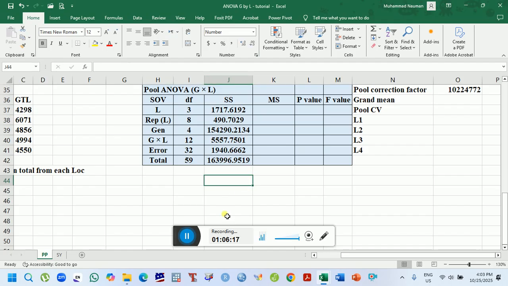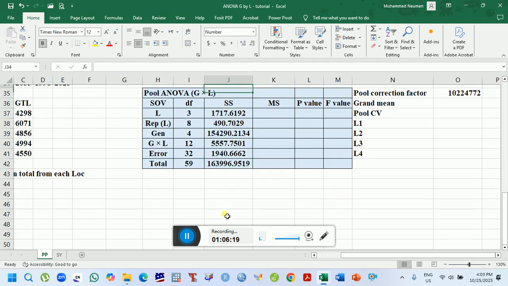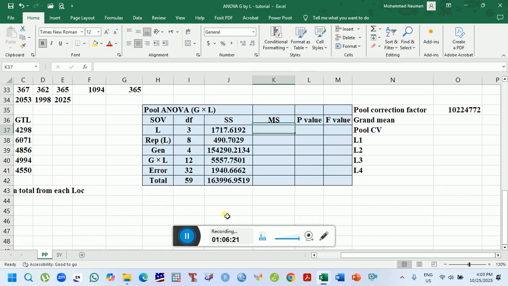Okay, now remove it. Now we will calculate the mean squares. It is quite simple. Is equal to sum of square divided by the degree of freedom of the respective source of variation. Drag this selection downward.